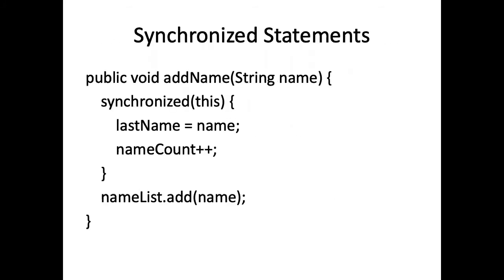The problem with synchronized methods is that they are very coarse-grained. While that method is executing, they prevent any other thread from accessing any of the synchronized methods in that object.